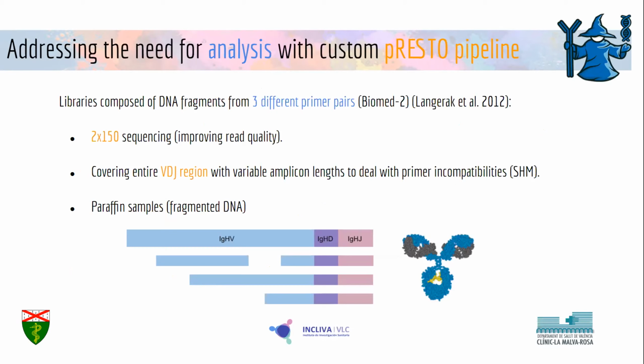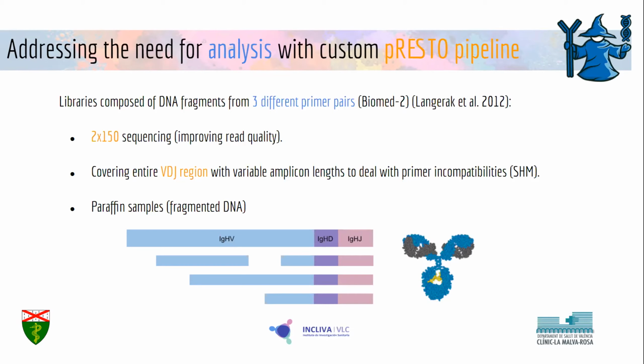So we sequenced DNA from CLL patients using an in-house method that combines 3 different primer sets from the BIOMED-2 consortium, which are all the framework region primer sets, framework 1, 2, and 3.